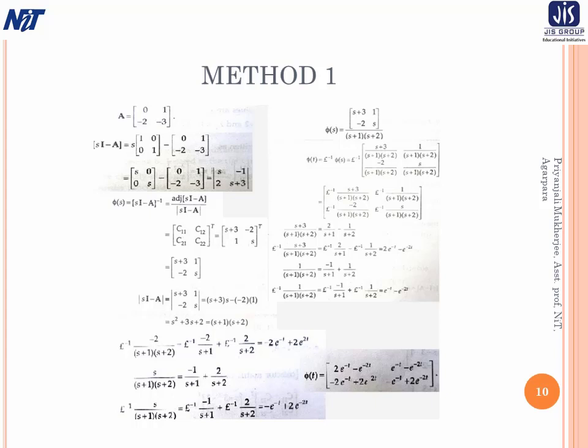So this overall state transition matrix, that is phi of t, which is the Laplace inverse of (sI minus A) inverse, can be obtained as 2 into e to the power minus t minus e to the power minus 2t, then e to the power minus t minus e to the power minus 2t, next minus 2 e to the power minus t plus 2 into e to the power minus 2t, and the last one is minus e to the power minus t plus 2 into e to the power minus 2t.